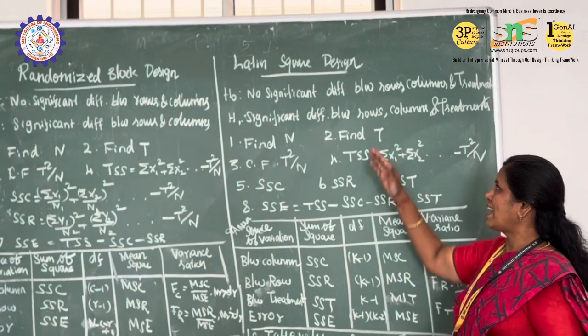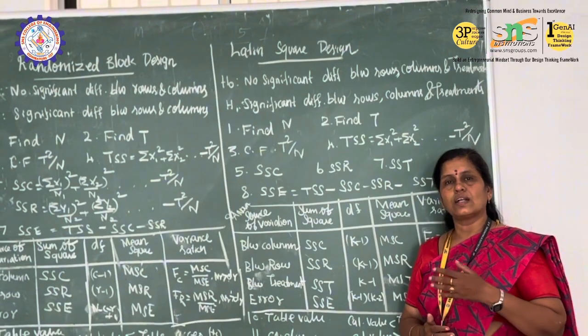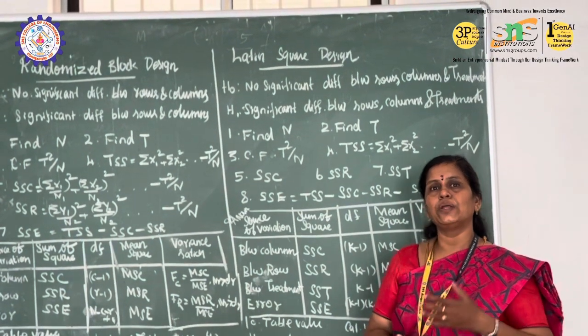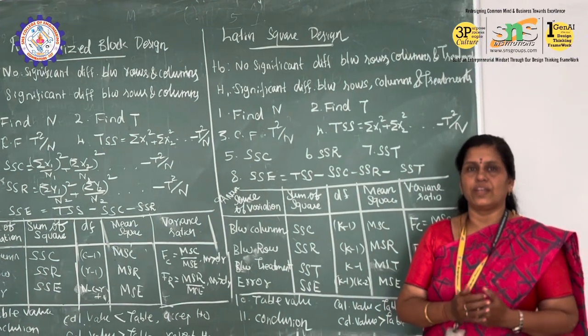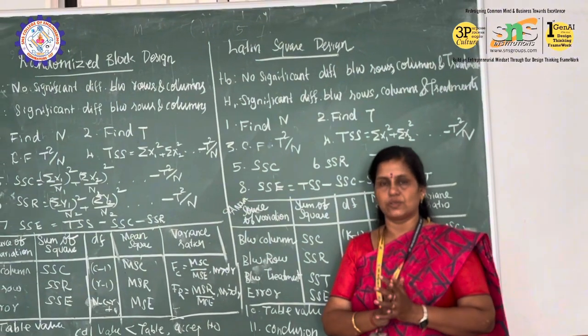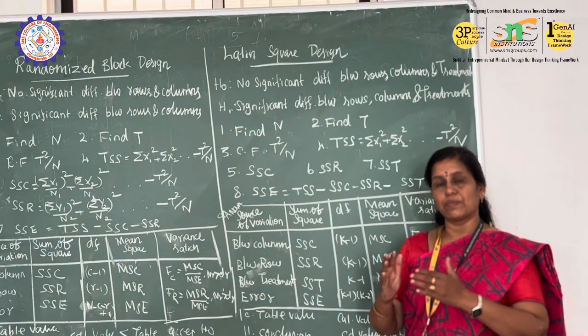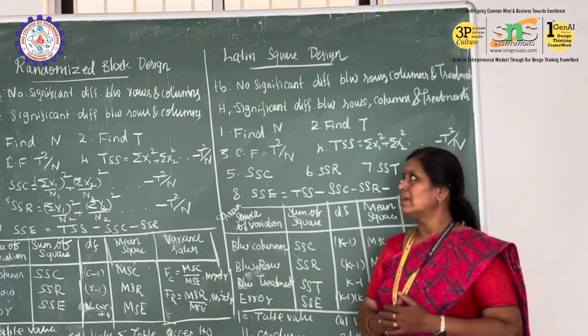Now we discuss Latin square design. It is also one of the experimental designs used to control the effect of known sources of variability among the experimental units.